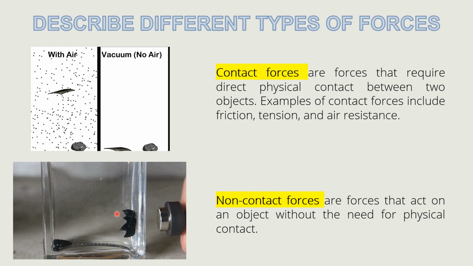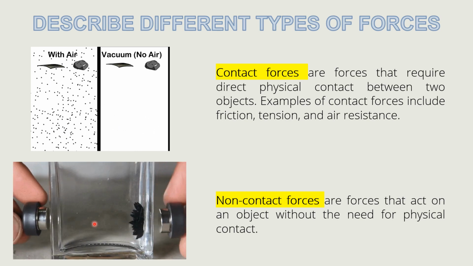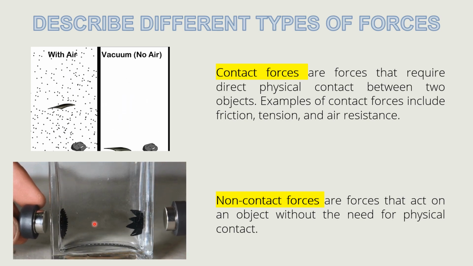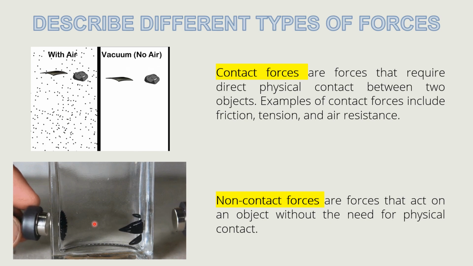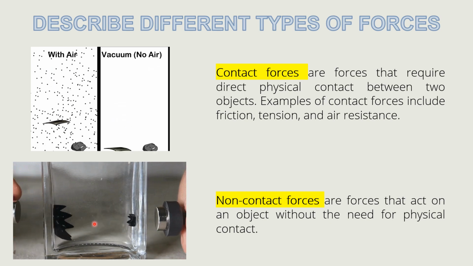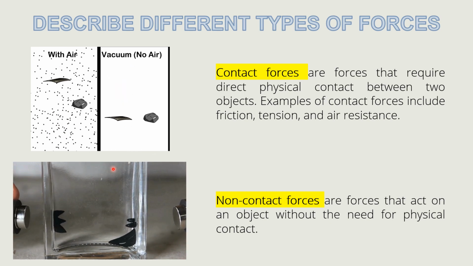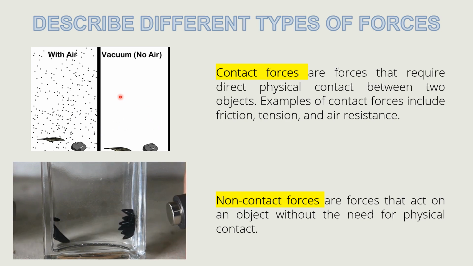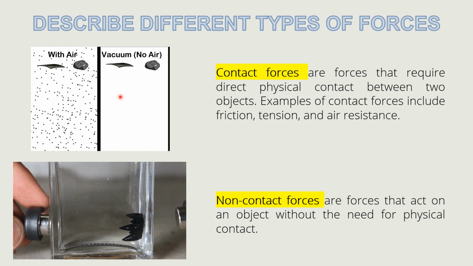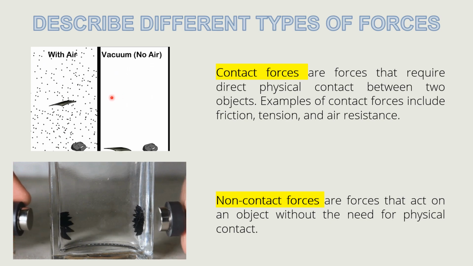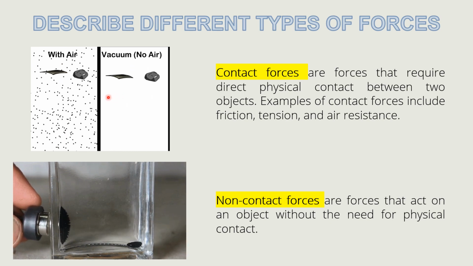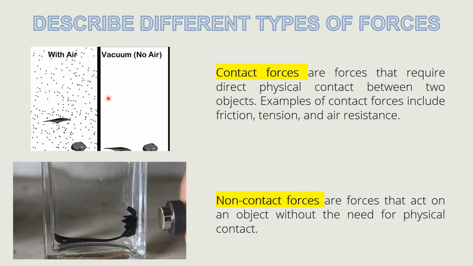And non-contact forces are the ones that don't have physical contact with the substances. Examples of contact forces are air resistance, friction force, tension, etc., while non-contact forces are, for example, magnetic force and electrostatic force.